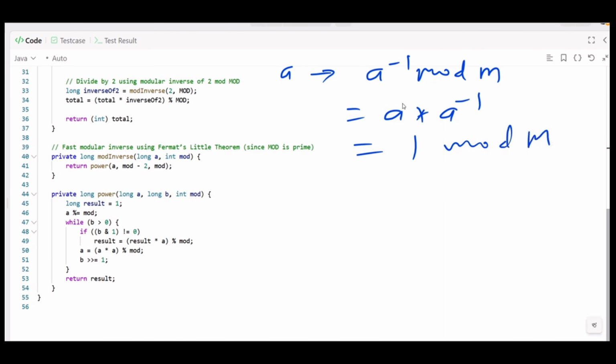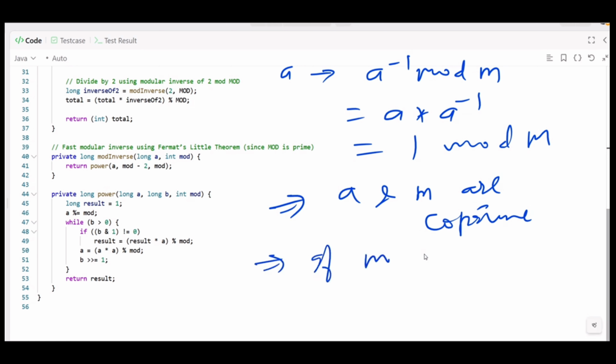So this will only work if a and m are co-prime. This is a little mathematical, okay? So if m is prime, we will use Fermat's little theorem.